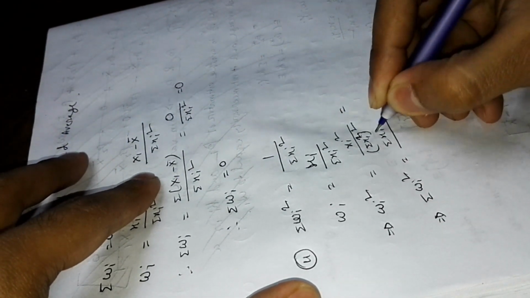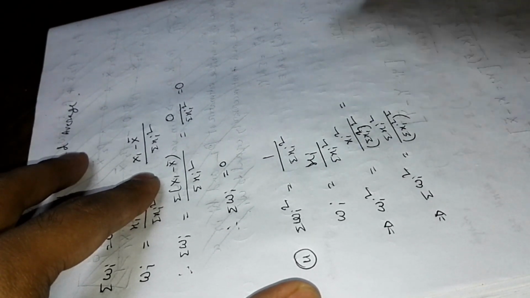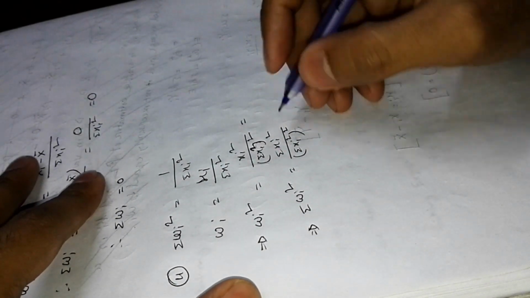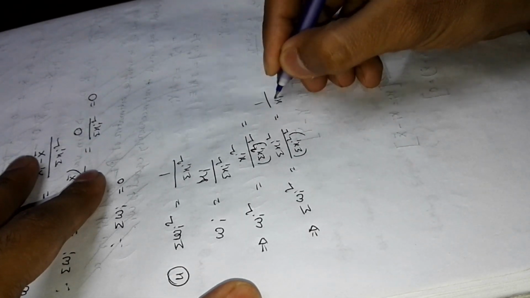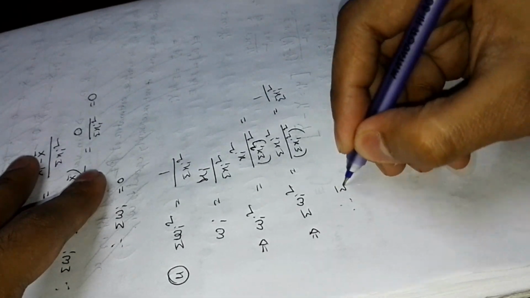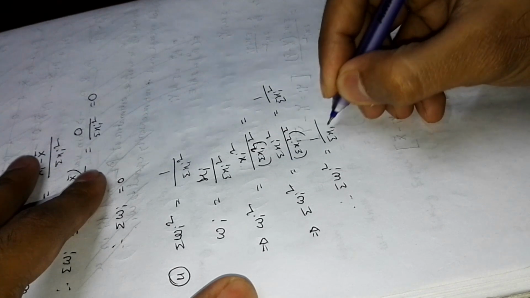The summation of xi square over the whole square of the summation of xi square. Then we can cancel the summation of xi square from both, so the summation of Wi square is equal to 1 divided by the summation of xi square. So this is the second property.